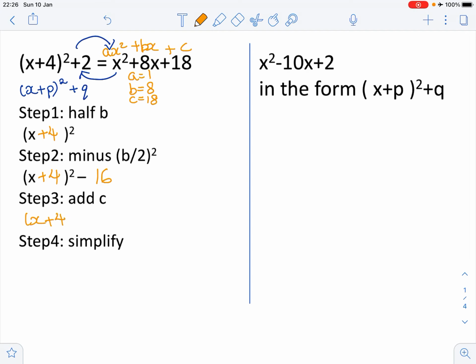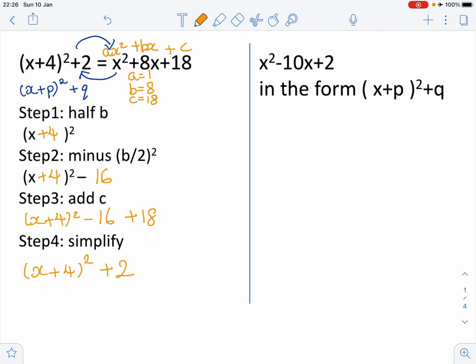Then the last step, we need to add c. So we have (x plus 4) squared minus 16, and our c term is 18, so we plus 18. Then simplify, we get (x plus 4) squared plus 2.